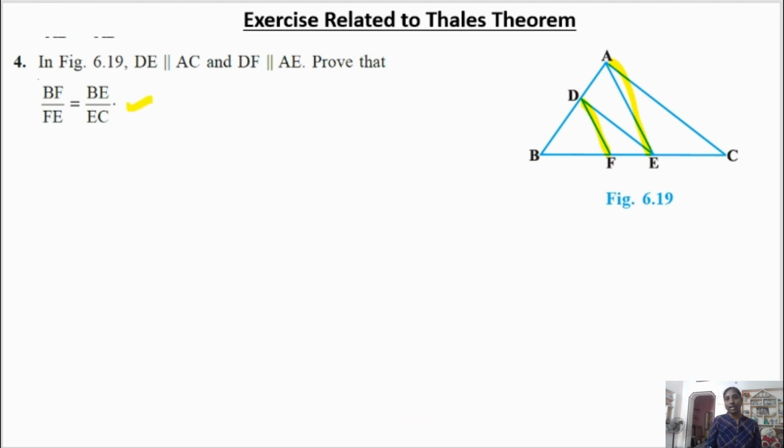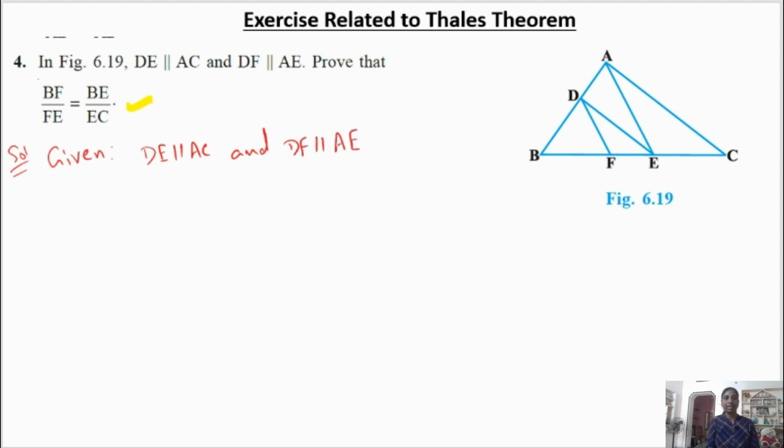So, if DF is parallel to AE, we should take triangle BDF and triangle BAE, right? So, first we will write given. What is given? DE is parallel to AC and DF is parallel to AE.